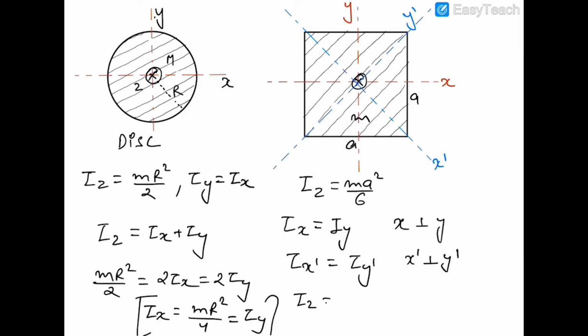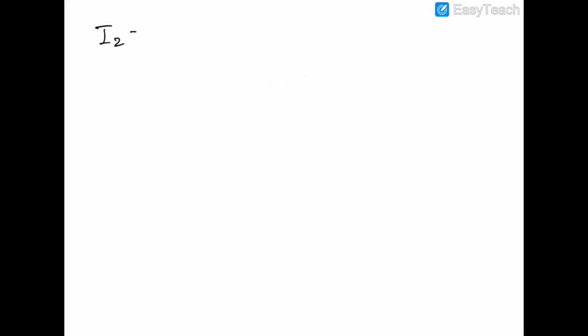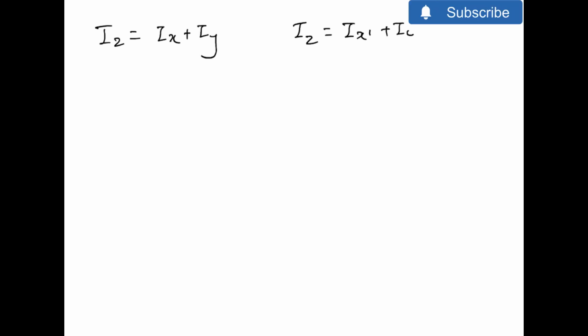So Iz is equal to 2Ix, or equal to 2Iy, or equal to 2Ix dash, or equal to 2Iy dash, because Iz is equal to Ix plus Iy, and Iz is also equal to Ix dash plus Iy dash.